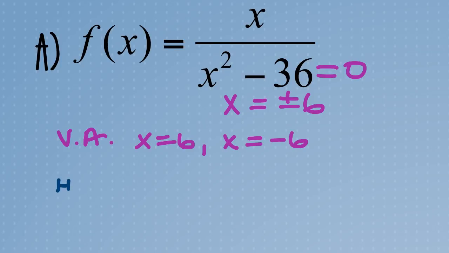For the horizontal asymptote, you have to first identify the degree of the numerator and the degree of the denominator. In my numerator, x is raised to the first power, and in my denominator, the largest exponent is to the second power. So because the degree of the numerator is less than the degree of the denominator, my horizontal asymptote is y equals 0.